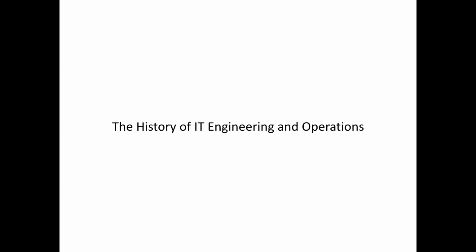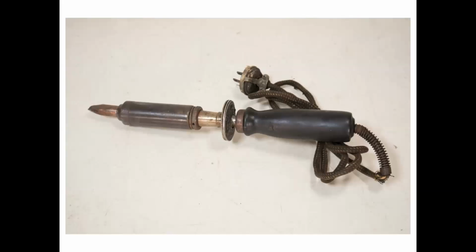So part of this talk is going to be about how IT engineering and operations has evolved over time. Far enough back, IT engineering was assembling the computers themselves. That predates me. So I want to respect what's gone before me, but I can't really talk about that.